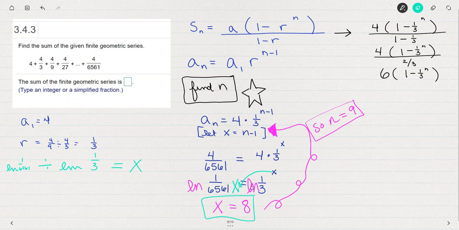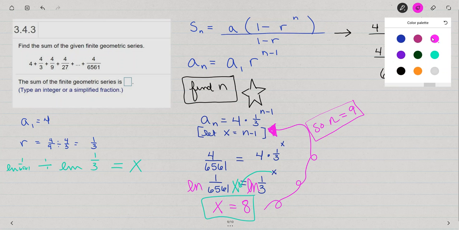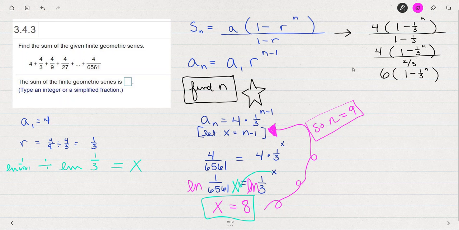We know that n is 9. So in my search for the sum, I can now fill that n in with 9. The sum of the first 9 terms is going to be 6 times 1 minus 1/3 to the 9th power.